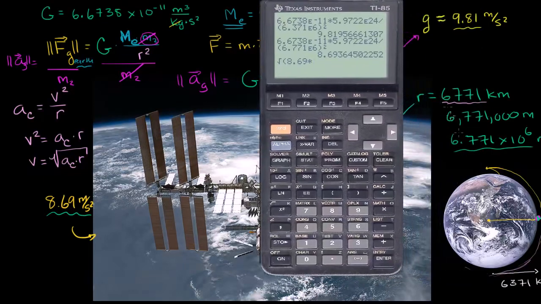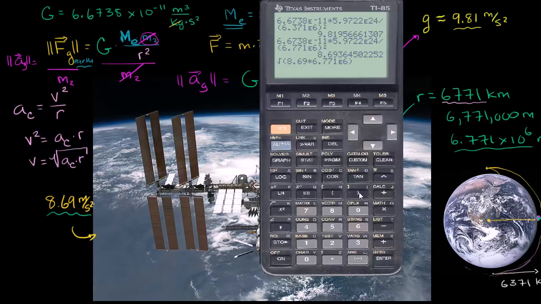It's going to be the radius of Earth, which is 6,371 kilometers, plus the 400 kilometers of altitude that we have in this scenario. So that gives us, and we did this in the last video, 6.771 times 10 to the 6th meters. And it's important that everything here is in meters. Our acceleration is in meters per second squared. This right over here is in meters, so the units don't do anything strange.